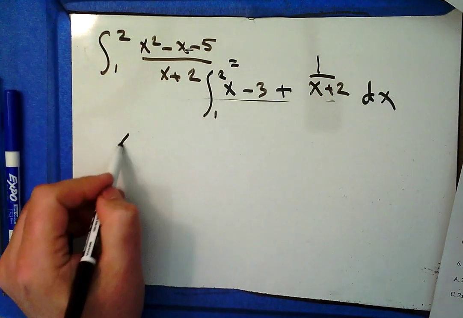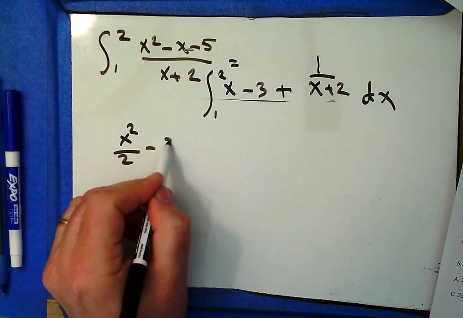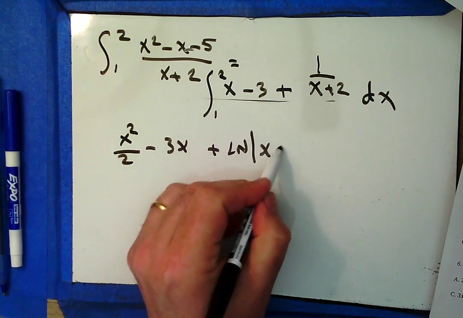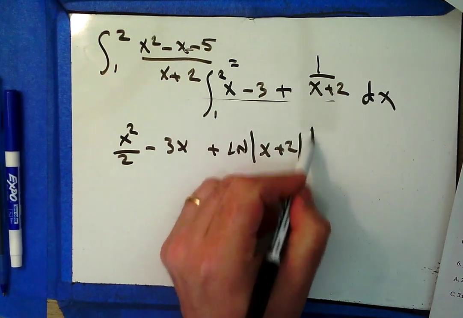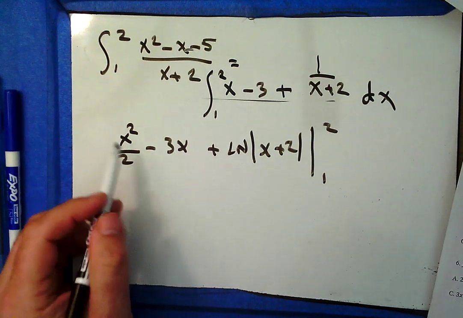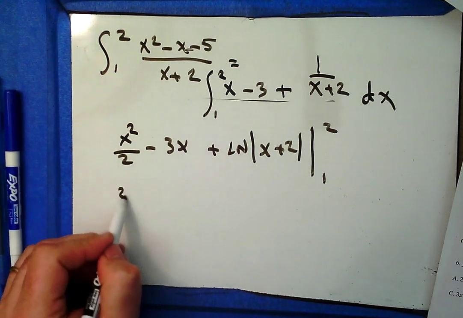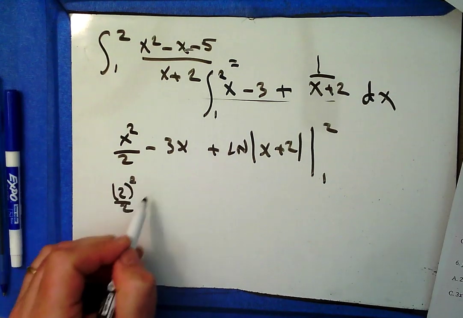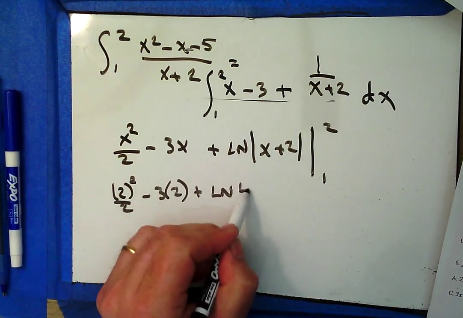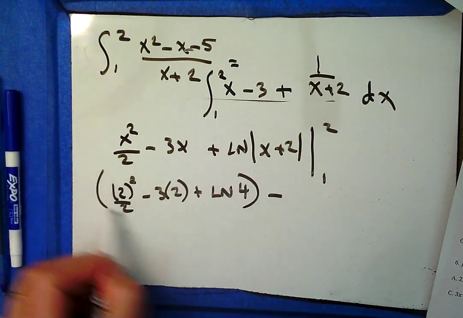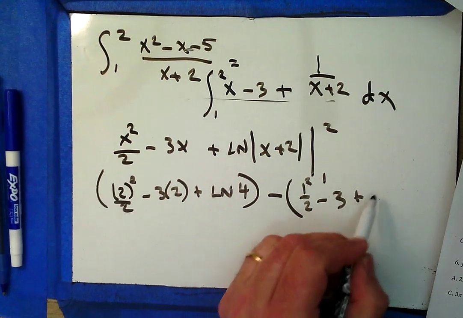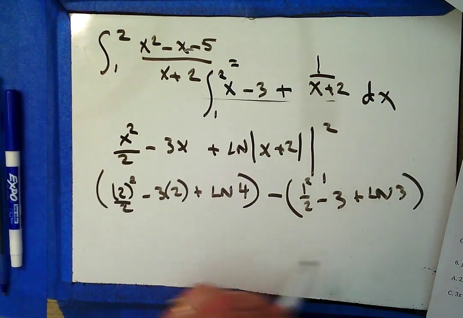Which is pretty straightforward. x squared over 2 minus 3x plus ln of x plus 2 evaluated from 1 to 2. Okay, so let's see. I get 2 squared over 2 minus 3 times 2 plus ln of 4 minus 1 squared over 2 minus 3 plus ln of 3.